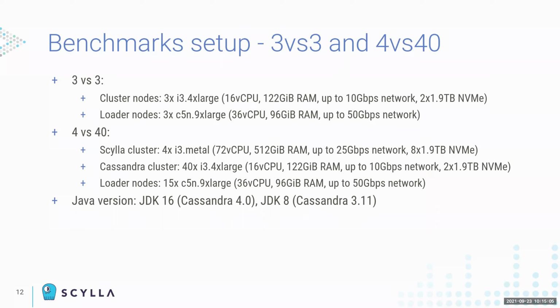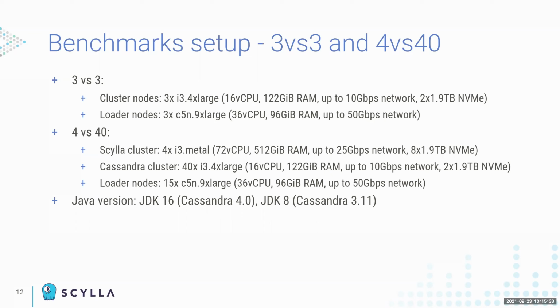We also used loader nodes. Those were the nodes where the clients, the benchmarks themselves, were running. For those nodes, we used c5n.9xlarge, each holding 36 vCPUs and 96 gigabytes of RAM, and a really fast network, up to 50 gigabits.